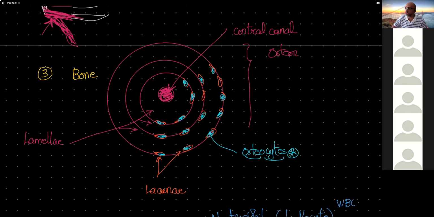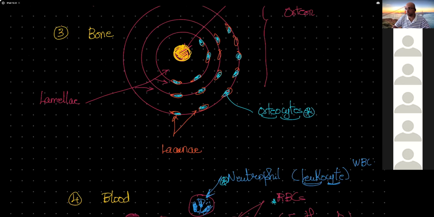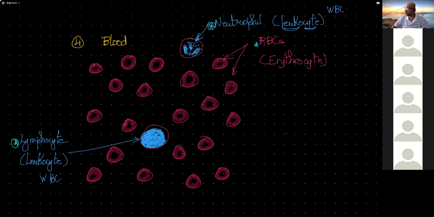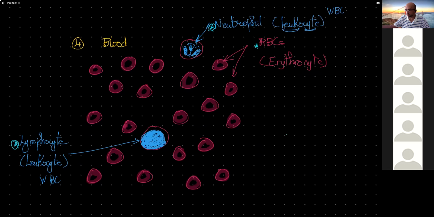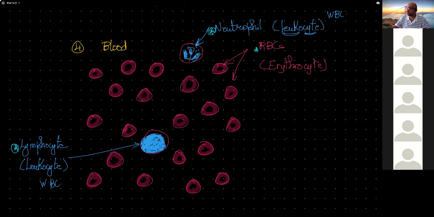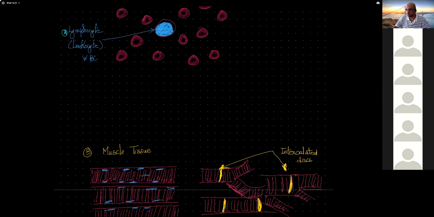Bone tissue, once you identify bone, you're going to simply say it's located in my bones. You don't have a problem with it. Blood also, you don't have a problem with the location. It's located circulating in my blood vessels.